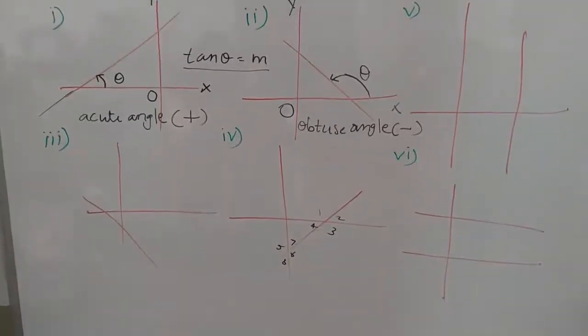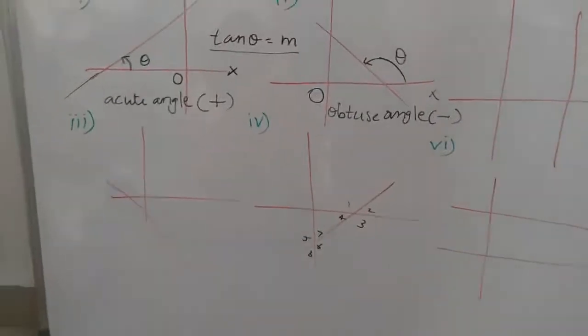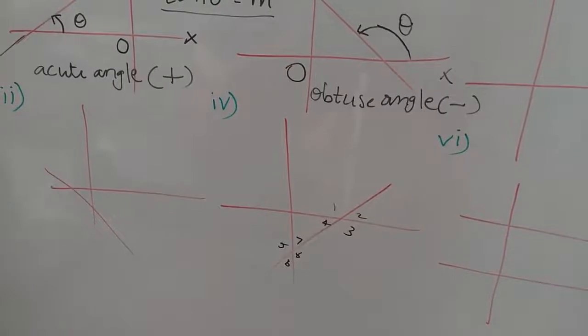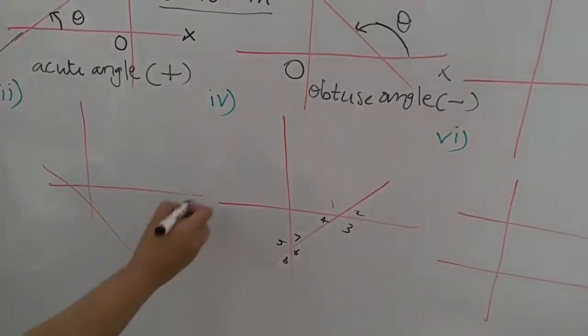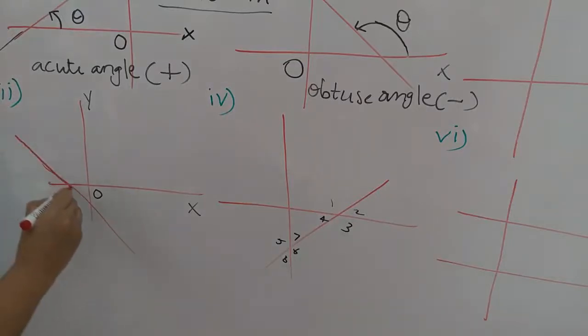This is the third case you see in the figure. In this figure, the slope is made here. On the left hand side I have drawn it this way. So this is our x-axis, this is the y-axis, and this is the origin. Now if I extend this line it will be more clear to you.